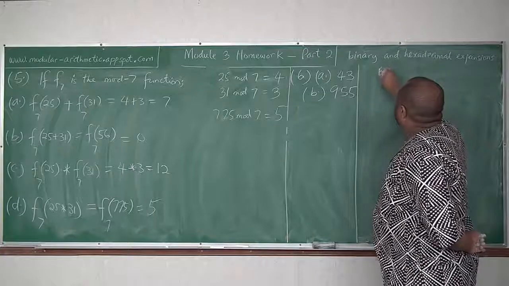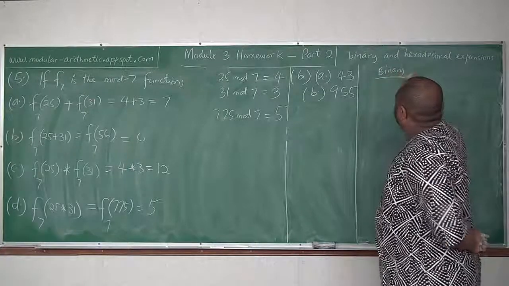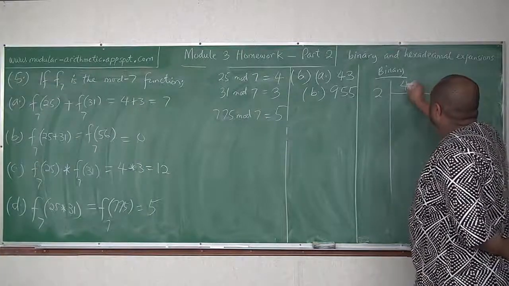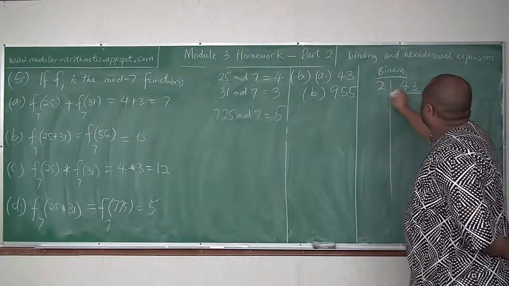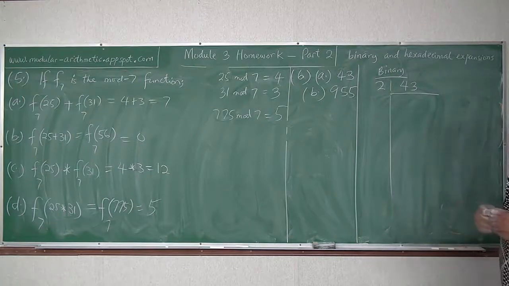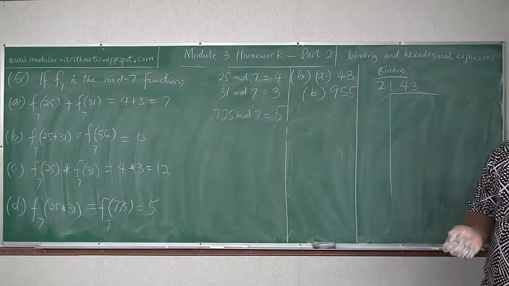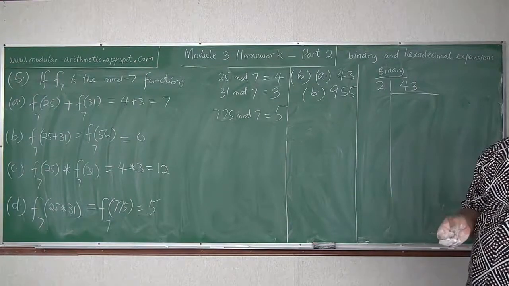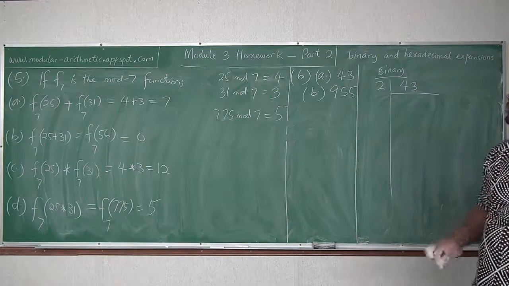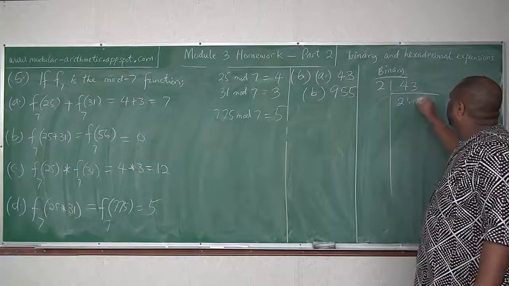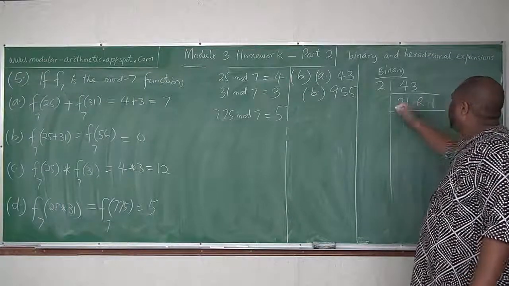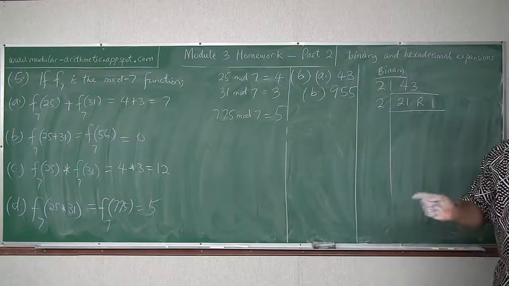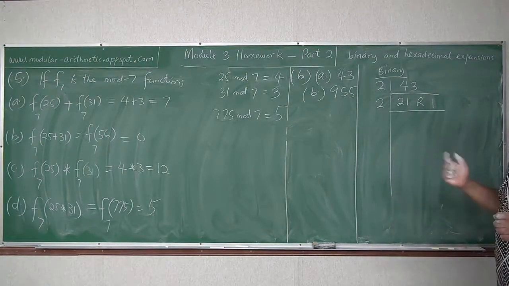So binary for 43: 2 into 43. 2 into 42 is 21, since 21 times 2 is 42. So this is 21, remainder 1, because 21 times 2 is 42, then plus 1 is 43.